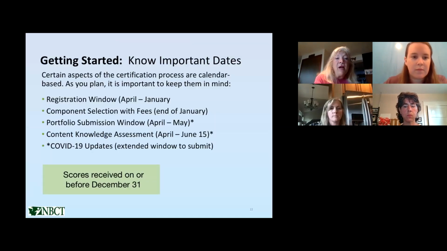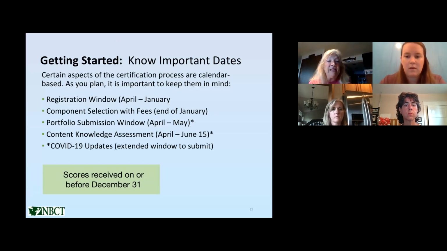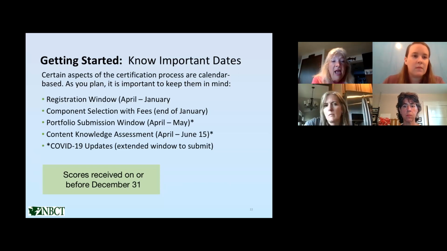So registration for National Boards is open now. It opened last April. The nice thing is that the fees for your components are not due till the end of January. A few weeks ago I talked to a candidate who is not sure if she wants to do full candidacy this year.